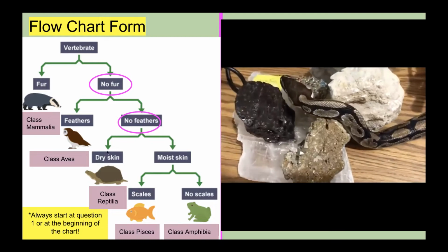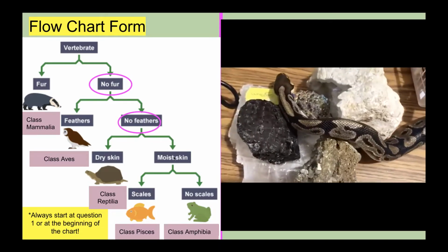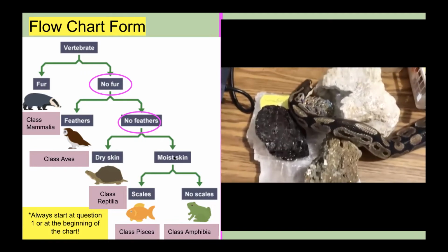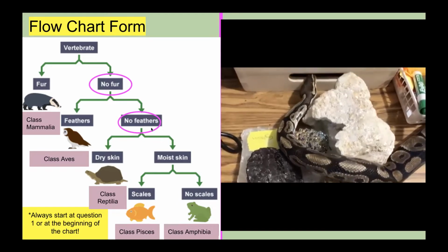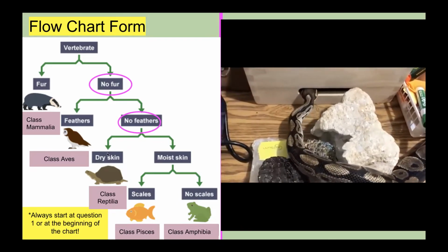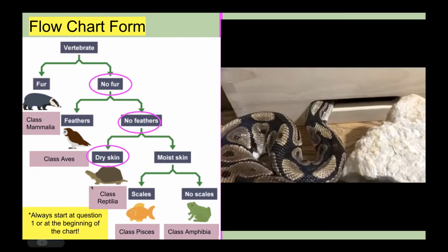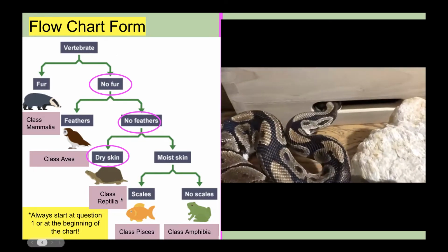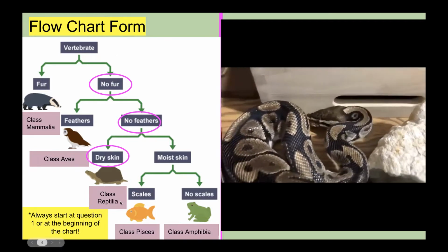Does this animal have dry skin or moist skin? I know it's kind of hard for you guys because you aren't able to touch her, but because I was able to hold her, I know that she has dry skin. So once I'm at this point, it already gives me my answer. We know that Pelota, the ball python, belongs to class Reptilia.